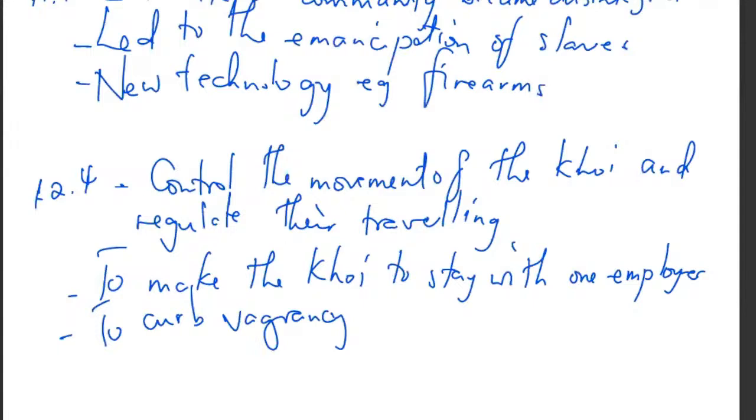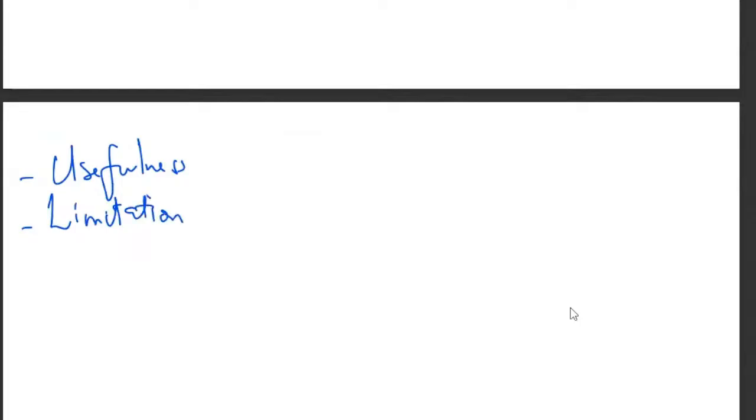When you're looking at sources, we have questions on usefulness of sources. Then we also have questions on limitation of sources. Then we also have questions on aspects like reliability.